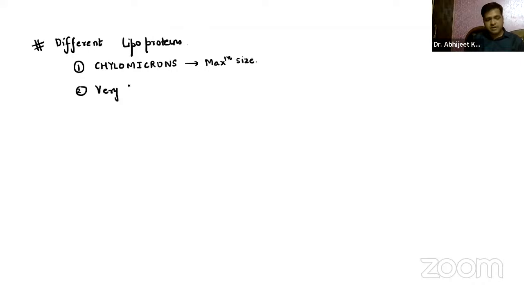Now we have chylomicrons. And remember, guys, these are the lipoproteins which have maximum size. The second one, we have very low density lipoproteins, VLDL.